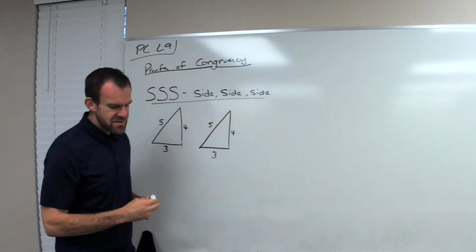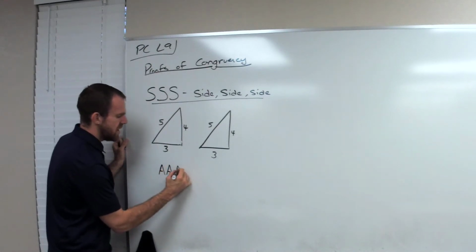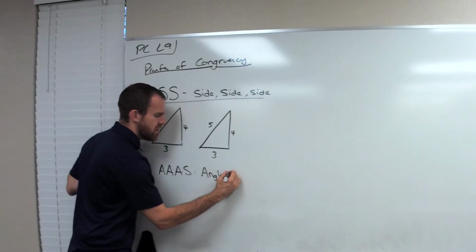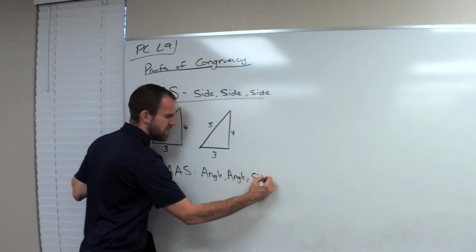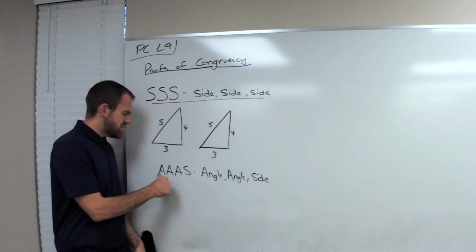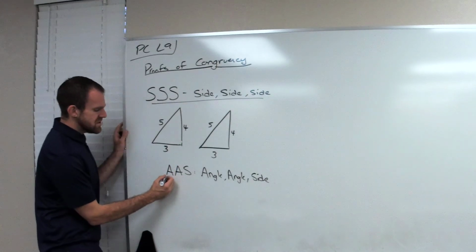Next, we can do it if we have similar angles and one side. So this is the angle side. In fact, since we have two angles in a triangle, we know the third is the same. We often leave out the first angle. So what does this look like?